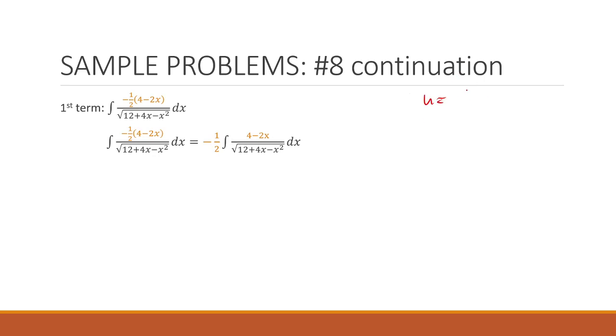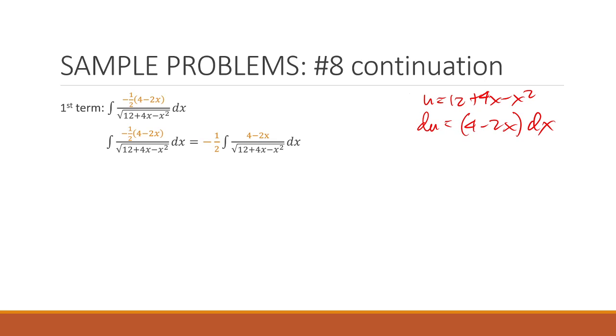So u equals 12 plus 4x minus x squared. Du is what? 4 minus 2x dx. And we already have 4 minus 2x in the numerator. Okay, so we can proceed with power rule.